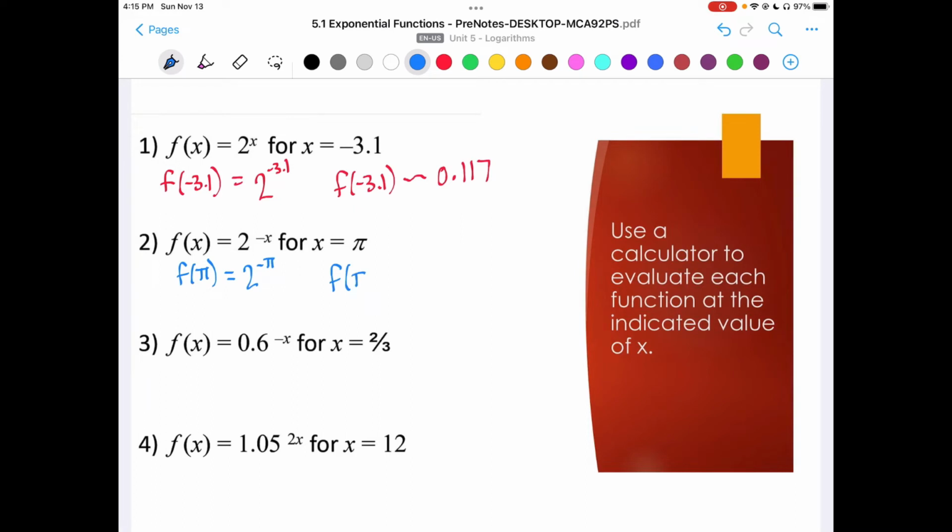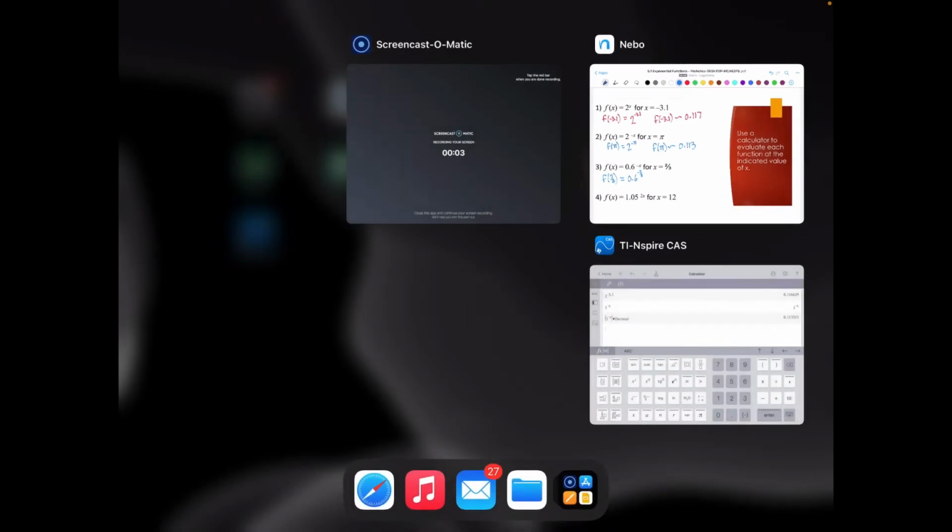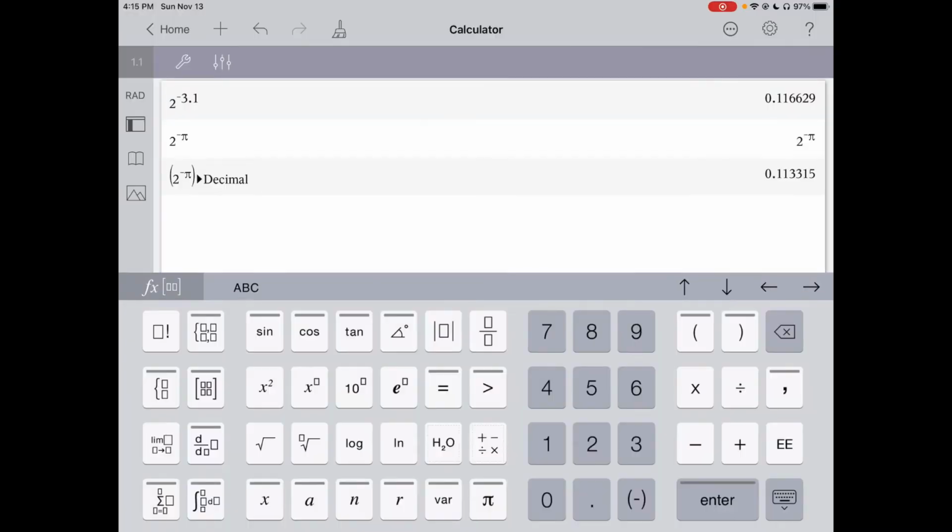Okay, so I go on to the next one. f of x equals 0.6 to the negative x. So I say f of 2/3 equals 0.6 to the negative 2/3. So we have that negative. Just when we're typing it into our calculator, I'll say 0.6 to the, let's do some parentheses here, negative 2 divided by 3.